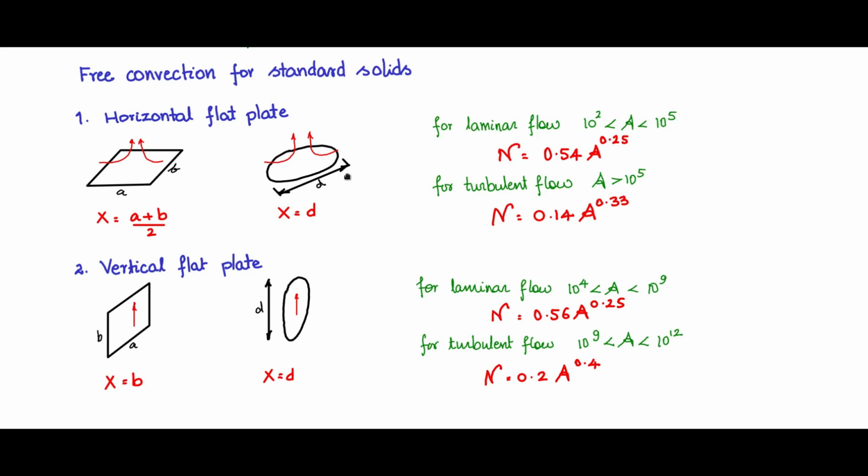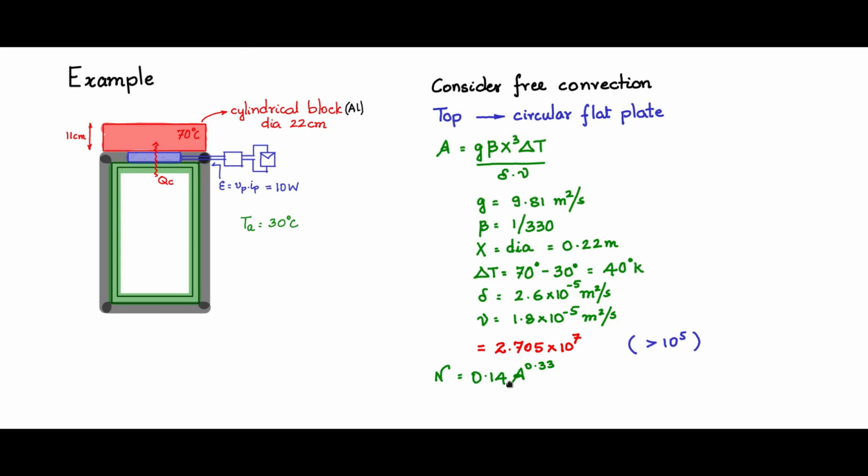Recall that for turbulent flow, horizontal flat plate, for Rayleigh number greater than 10 to the power of 5, we use Nusselt's number given by this relationship. So if you substitute for Rayleigh number, you can find out the Nusselt's number and it will work out to be 39.69.